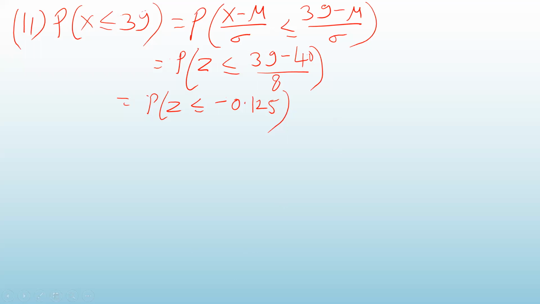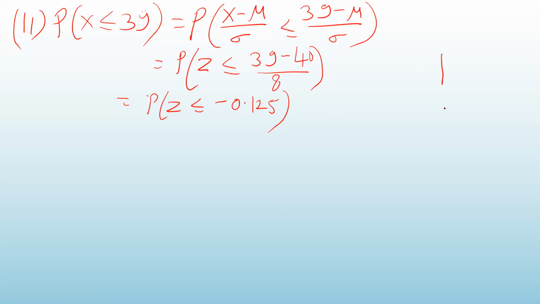So let us draw the normal curve now. This is the point z equal to 0. Where will 0.125 be?